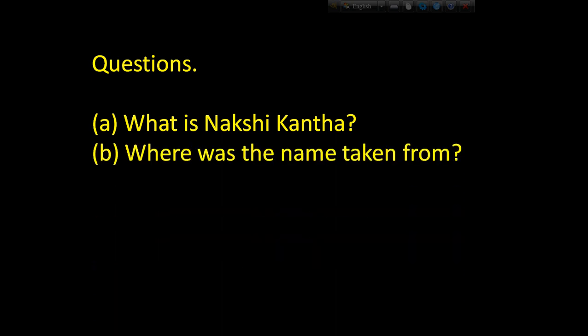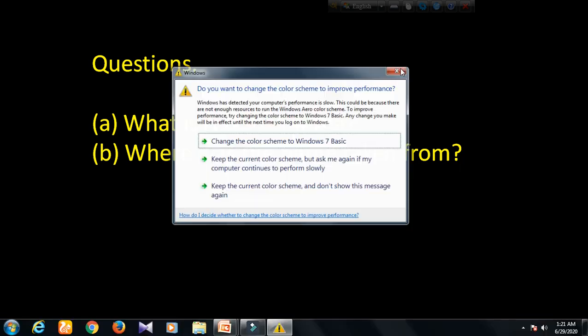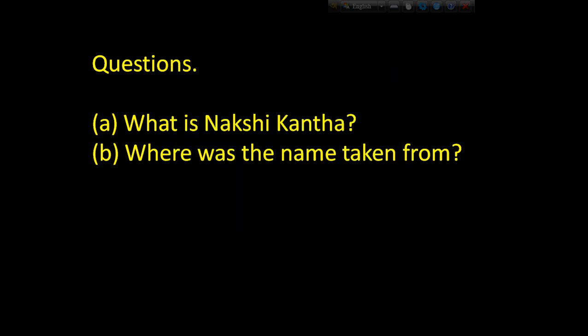So number 2, where was the name taken from? In the passage when I read, I told you that the name was taken from the word Naksha, and that was a Sanskrit word. That means Nakshi Kantha has taken from the word Naksha, which means artistic pattern, and Naksha has come from a Sanskrit word.